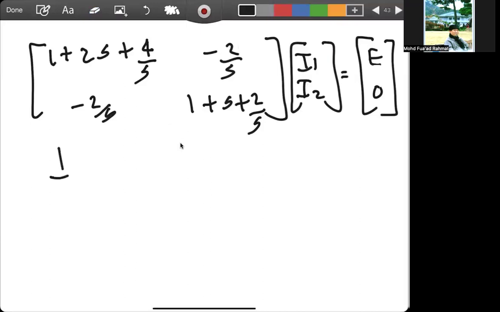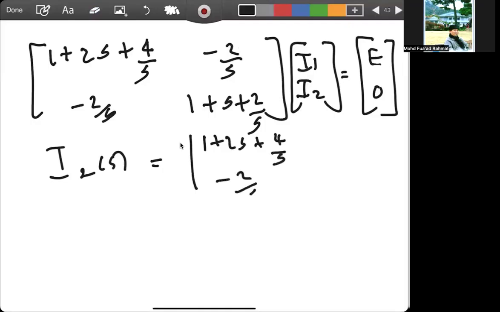Then simplified, 1 plus 2S plus 4 over S, minus 2 over S, divided by delta.